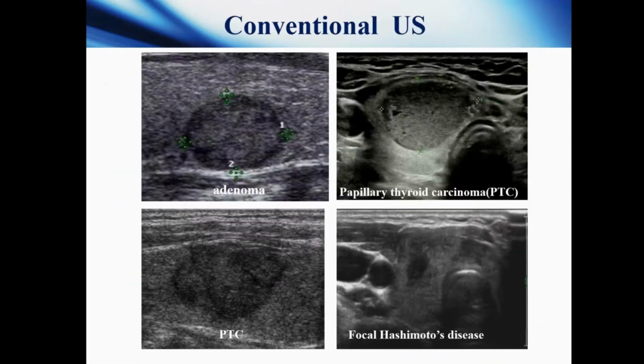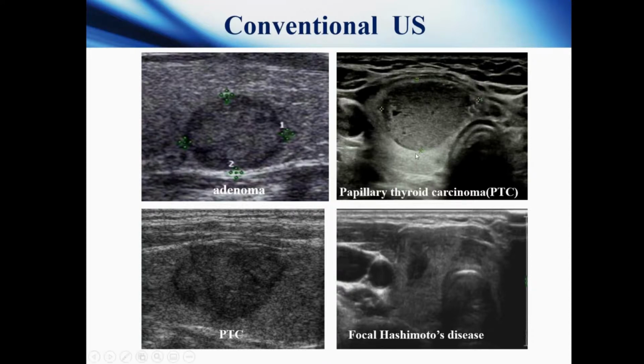So generally, conventional high resolution ultrasound can distinguish most benign and malignant thyroid nodules according to the ultrasonic characteristics. However, the overlapping and similarity of some ultrasound appearances make it difficult to distinguish benign and malignant nodules.